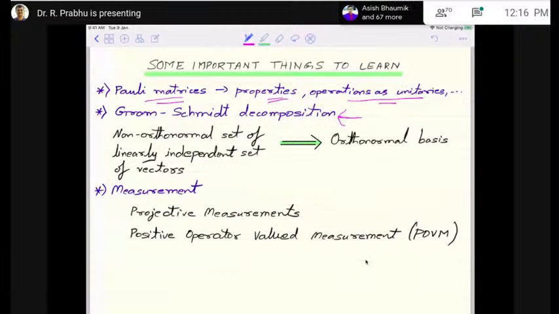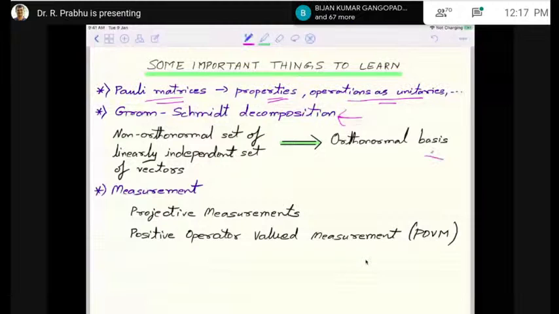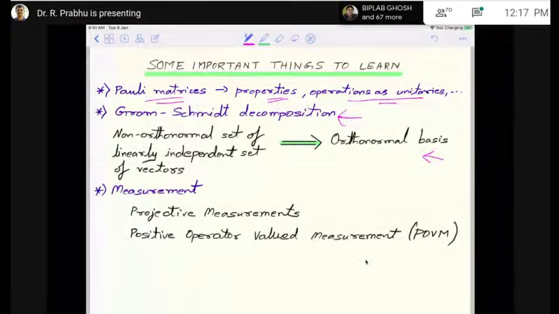And when it comes to measurement, we have two systems and we have to make a measurement on them. Either you may measure on the first particle, or on the second particle, or you may make a collective measurement. Then there are certain governing rules on how we expect the outcomes.